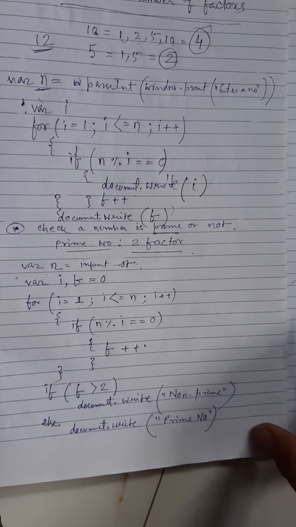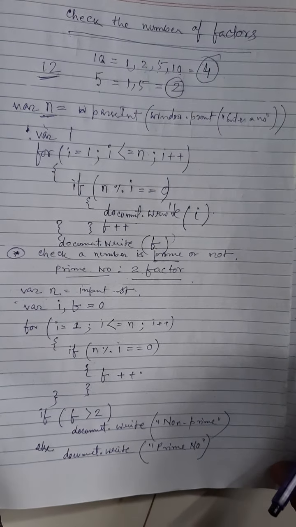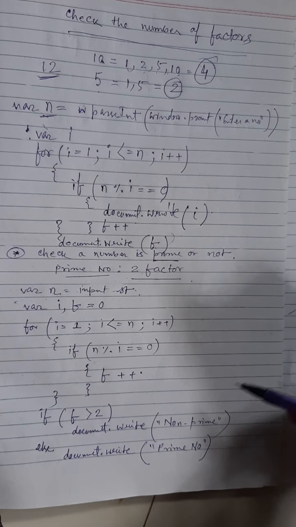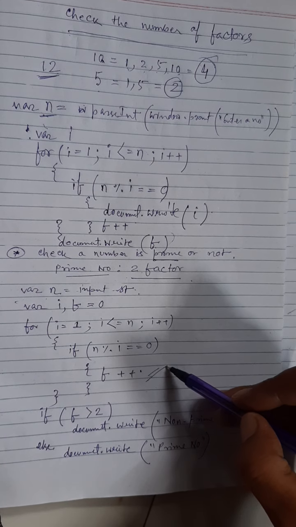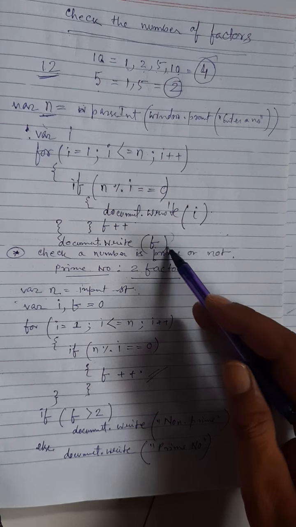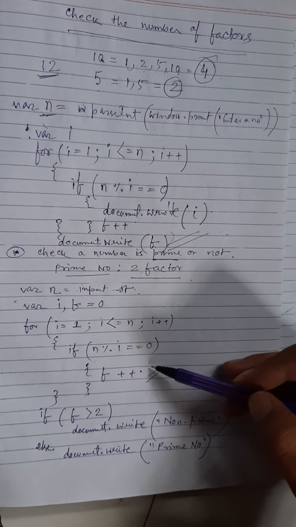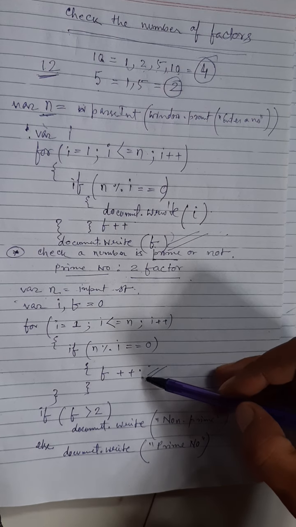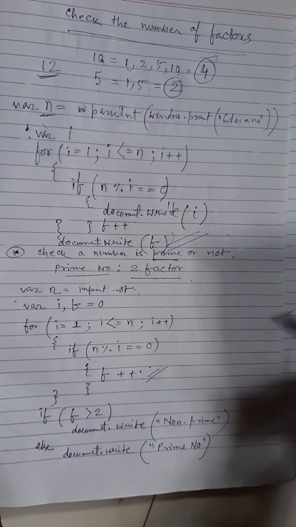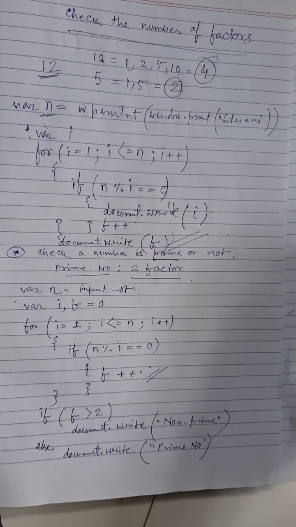So this is how we can simply check whether a number is prime or not. Here we are counting the number of factors, and we are using this number of factors to check whether the number is prime or not.